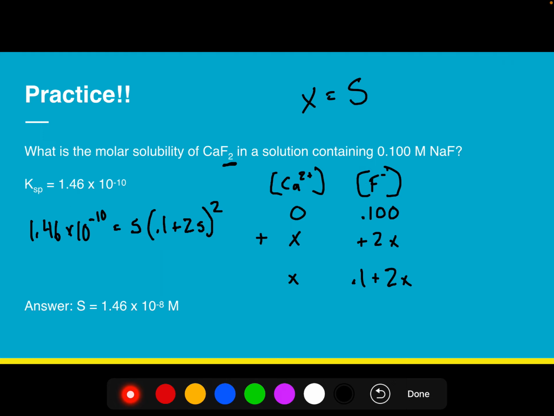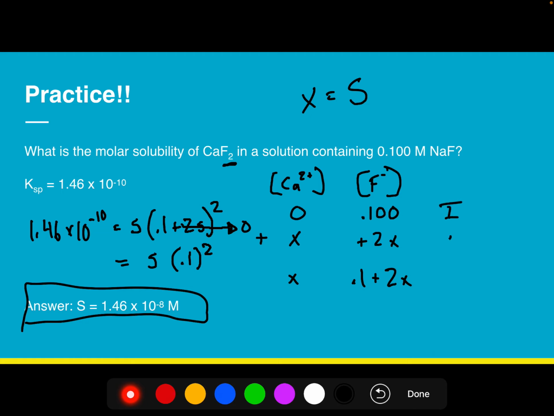In this case, 10 to the negative 10th is way smaller than the starting concentration, so we can do the x is small, or in this case, the S is small approximation. So what we end up with is S times 0.1 squared. And now you just divide by your 0.1 squared, and you end up with this as your answer. So that's really all there is to it.